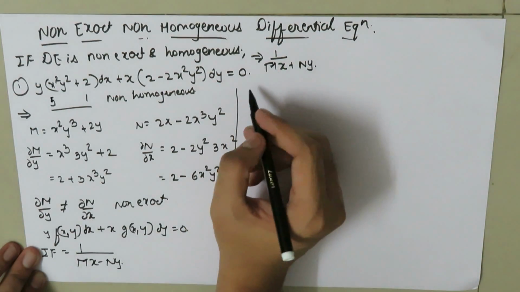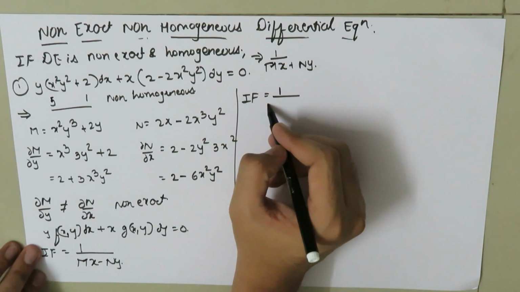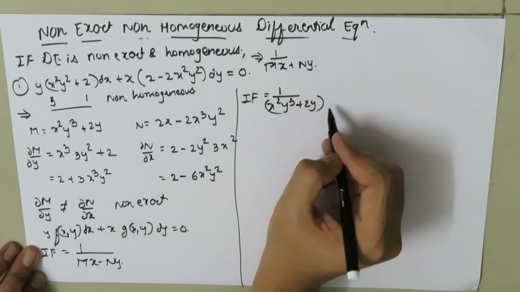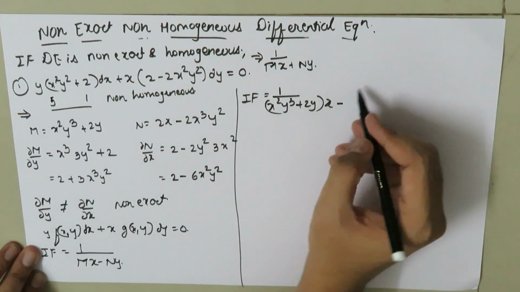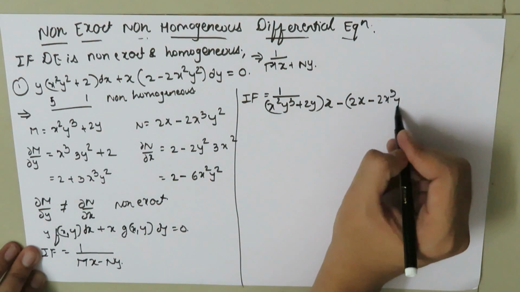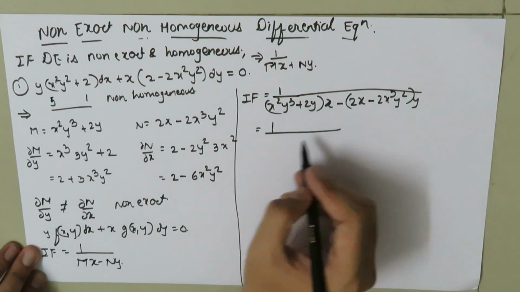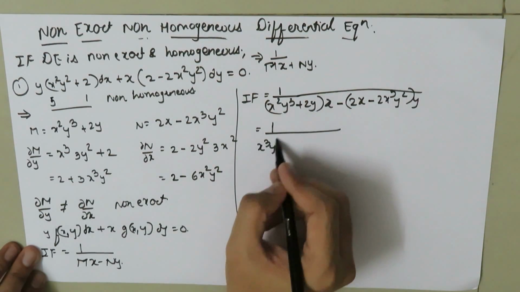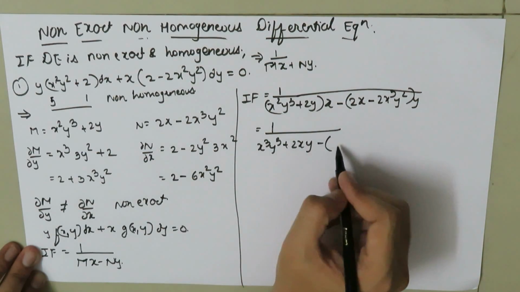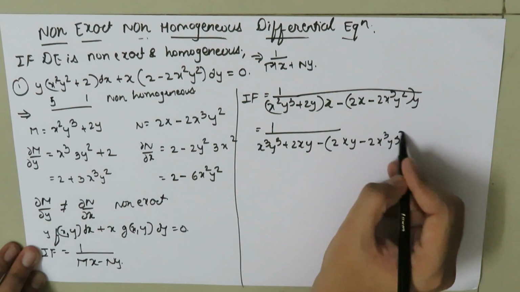So here the integrating factor will be 1 upon M, which is x squared y cubed plus 2y, times x, minus N, which is 2x minus 2x cubed y squared, times y. So this will be 1 upon x cubed y cubed plus 2xy, minus 2xy plus 2x cubed y cubed.